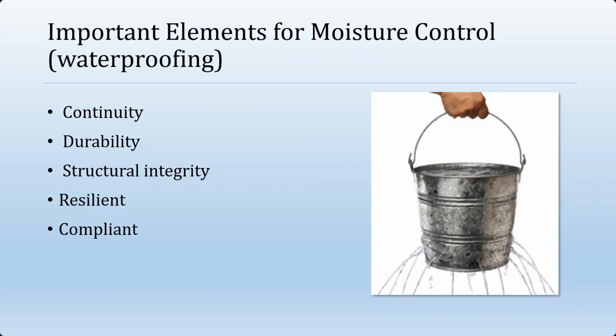Important elements for moisture control: we want to make sure that they're continuous, that the foundation connections are made to the above grade air barrier connection in a fully adhered manner. They need to be durable, resilient, compliant. And what I mean by these last two points is that buildings move, perhaps less so below grade, but we do want to consider using materials that have an elastomeric or flexible property.